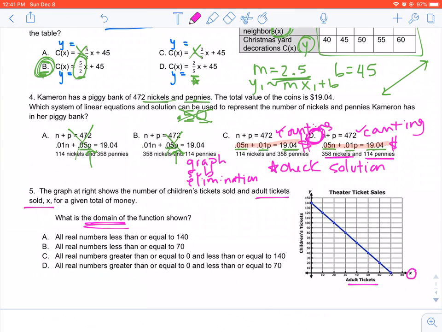It's been a while since we've talked about domain. Domain, we can remember Doctor Domain and Range, Dr. XY needs his ID to go in and out all the time. So we're looking at our x-axis. The answers that we're going to be getting are coming from our x-axis only.